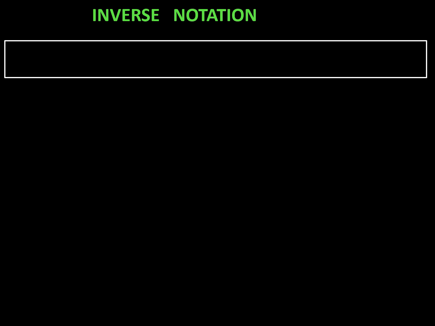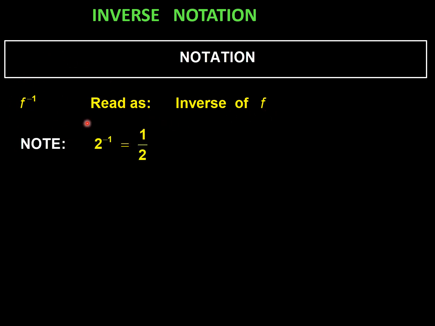Now, just look at the notation that we're going to use for inverses. If we write down f with a -1, we read it as inverse of f. Don't read it as f to the power -1. Note that 2 with a -1 is actually 1 over 2.